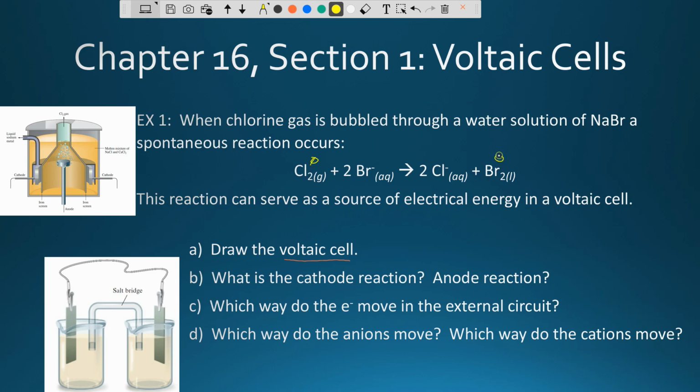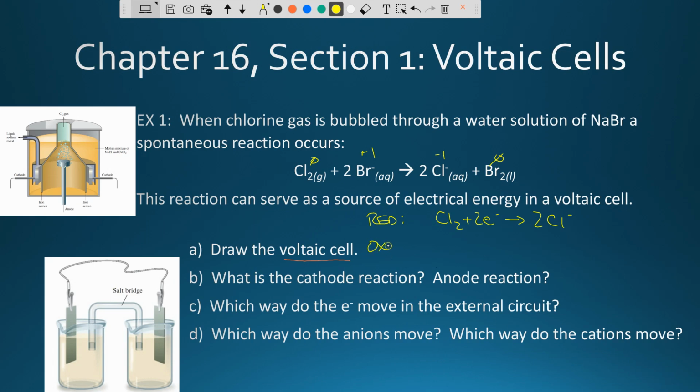These are going to be zero charges. This is -1, and this is a -1 here. So what's happening is that my chlorine is going to be the thing that's reduced in this case. On the reduction end of things, notice that my chlorine is gaining 2 electrons, and it's going to become the 2 chloride ions.